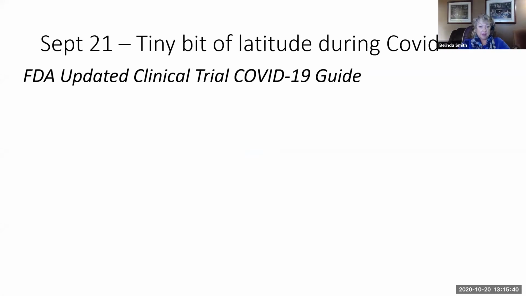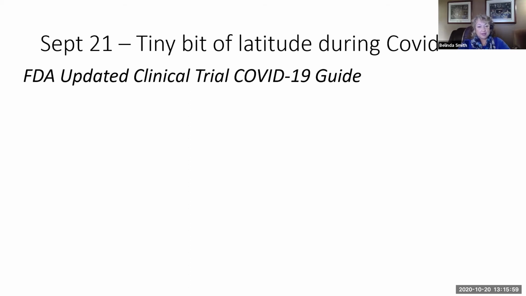So last month, FDA issued a statement in an edit. It's actually question 25 now on their clinical trial COVID-19 guidance, where they gave a tiny bit of latitude on Part 11 during COVID.